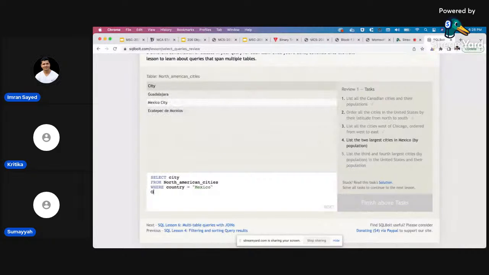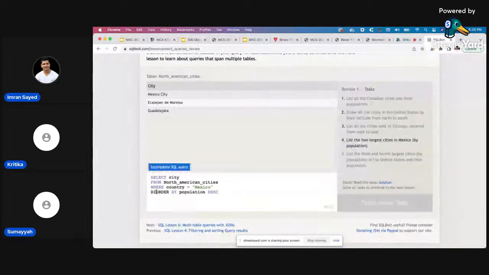And it wants largest population, which means order by population descending. And I think you want distinct one. What is that called? Distinct, right?